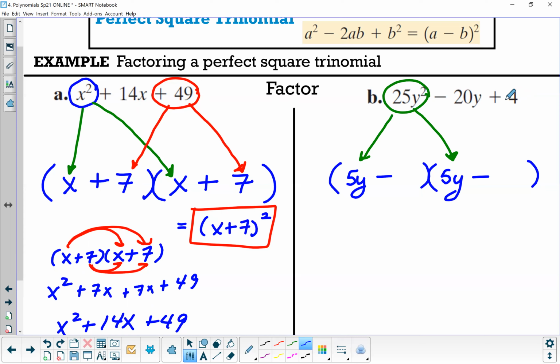Because in order to get a positive 4, your signs have to be the same. In order to get a minus 20, those signs have to both be negative. Now the plus 4 tells us what goes here and here. It is 2 and 2. If you multiply this out, you'll notice it does give us our original polynomial. And we can write this in shortened form, the squaring of 5y minus 2.